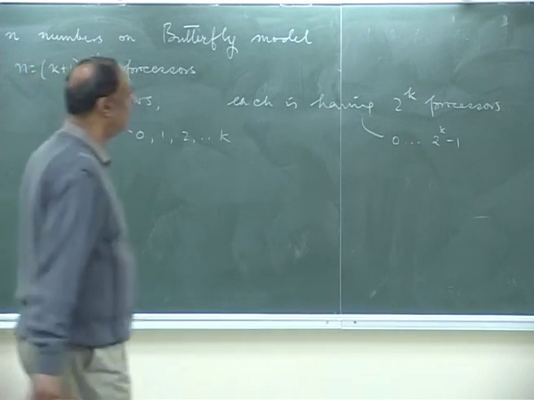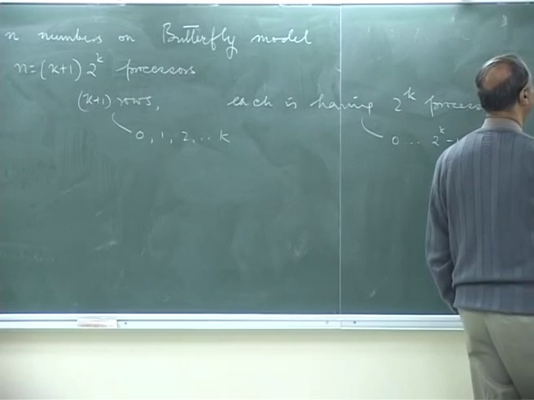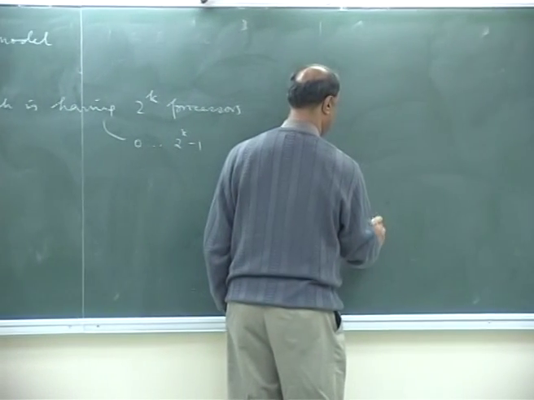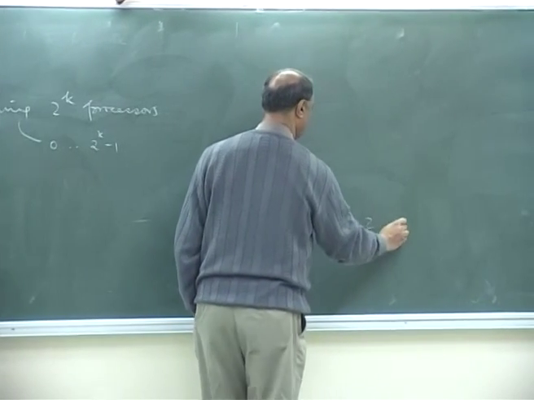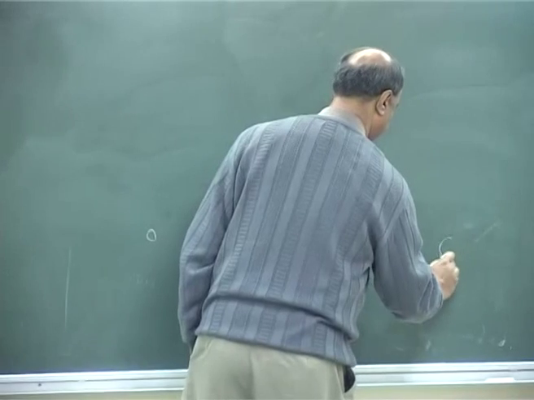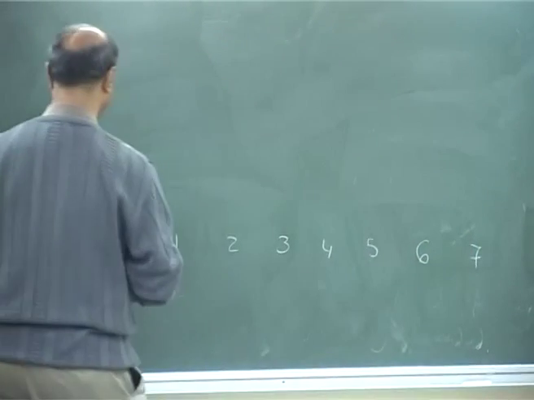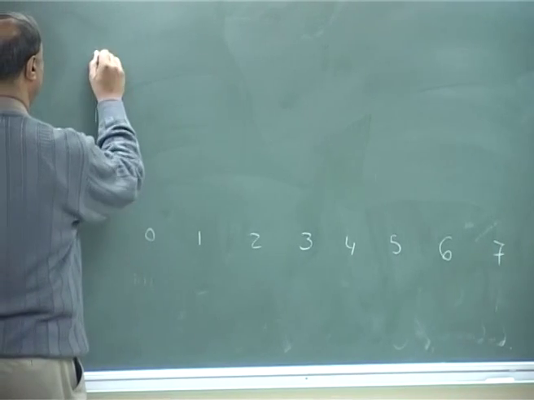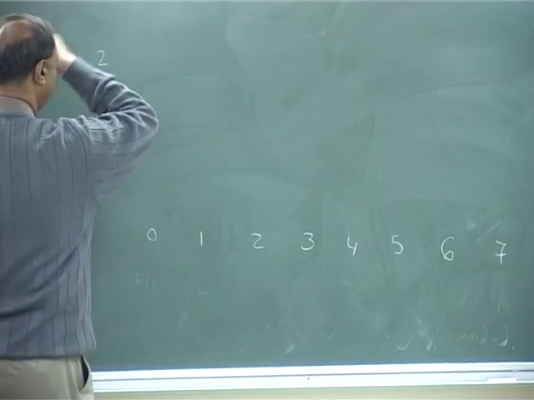And it is in the form, if I remember, 0, 1, 2, 3, 7, and you are telling that 1, 2, 3.